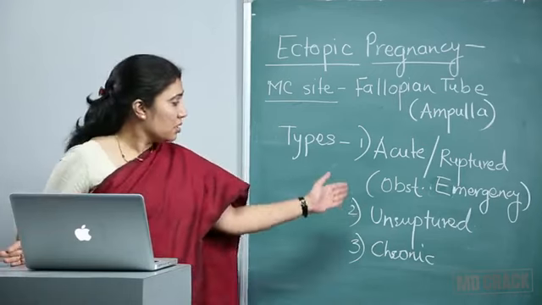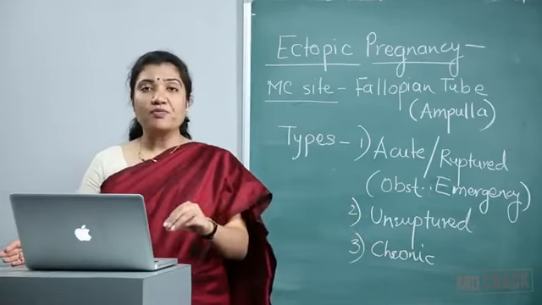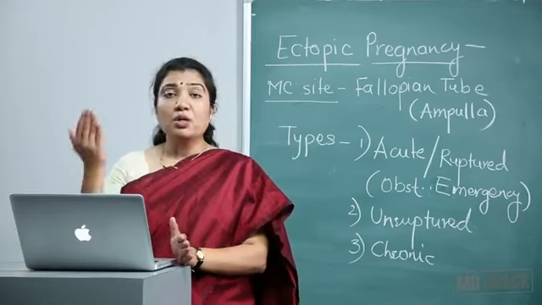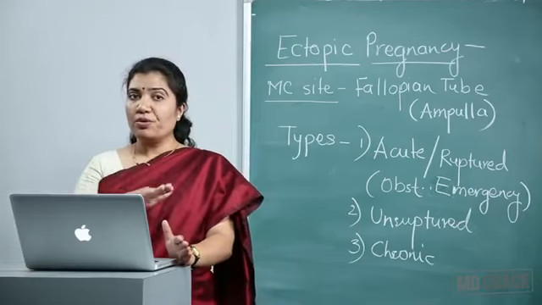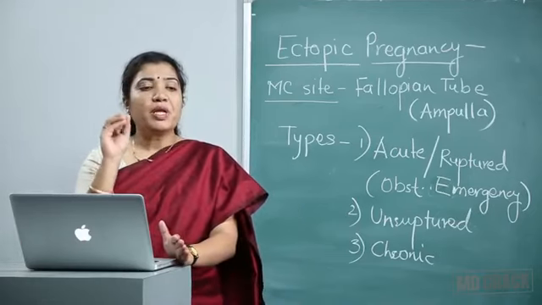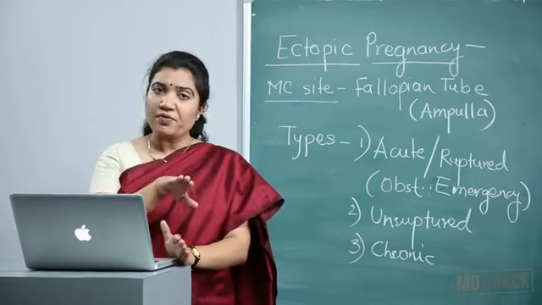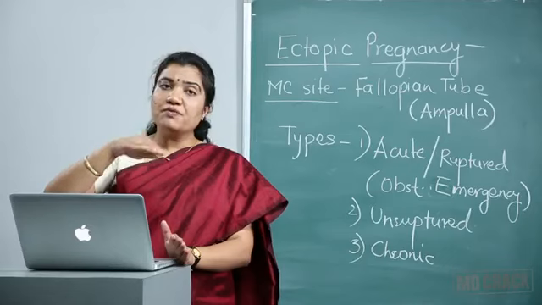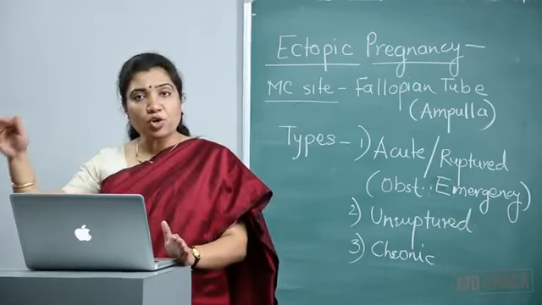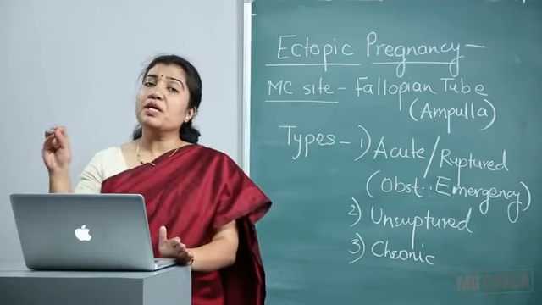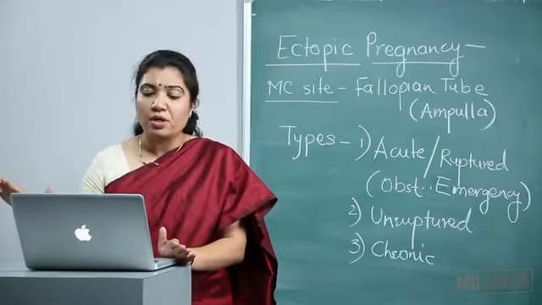In chronic or unruptured, we can check serum beta-HCG levels. The concentration would be lower. If the pregnancy is of 5 weeks or 6 weeks and if it is in the uterine cavity, naturally beta-HCG levels would be high. But if it is ectopic pregnancy, for those weeks of gestation, the beta-HCG levels are lower.